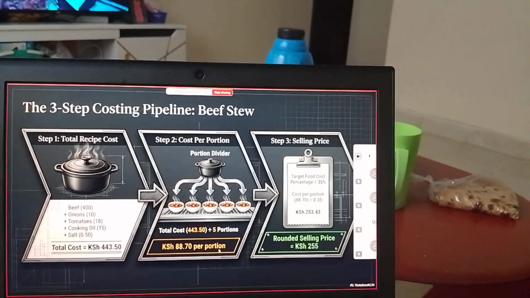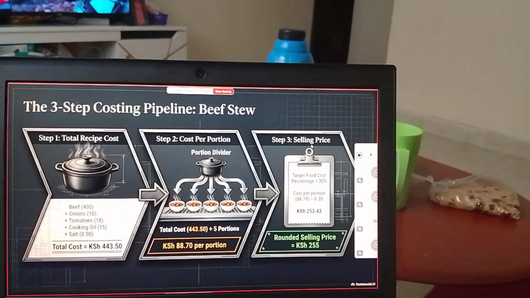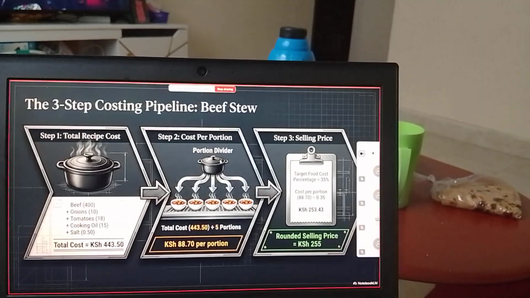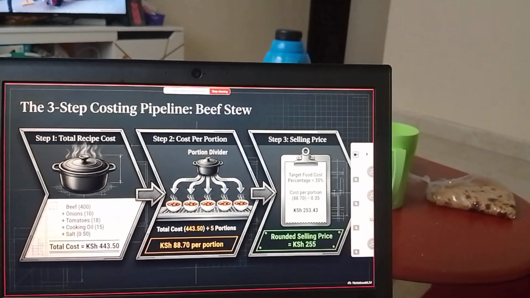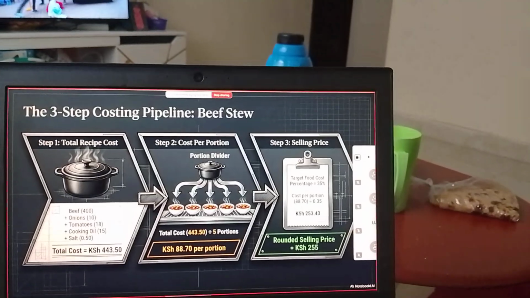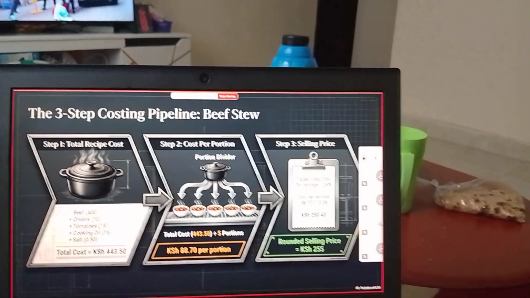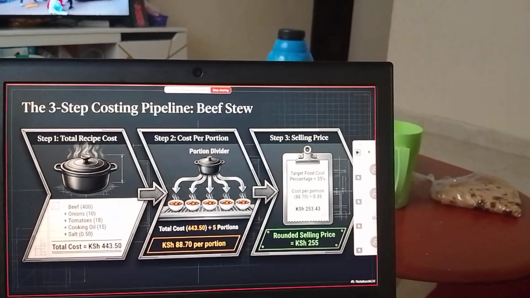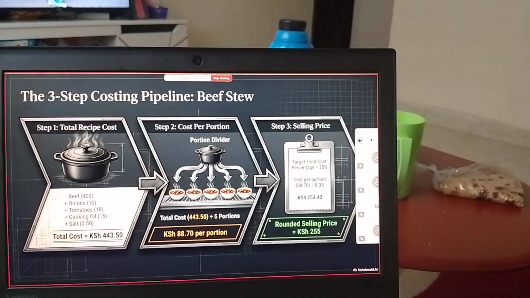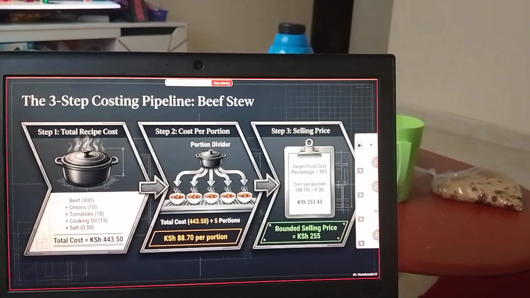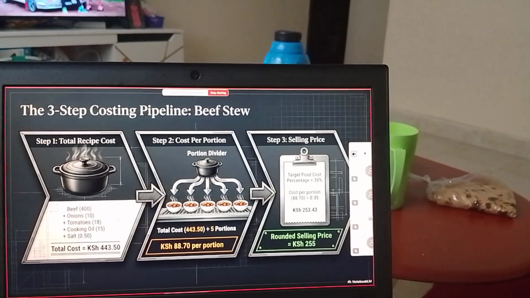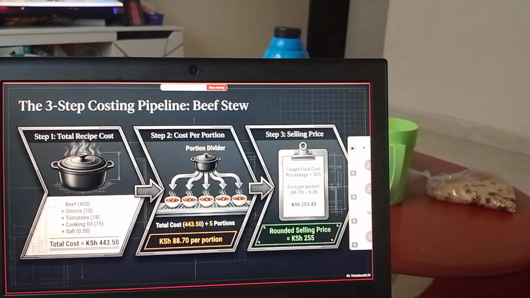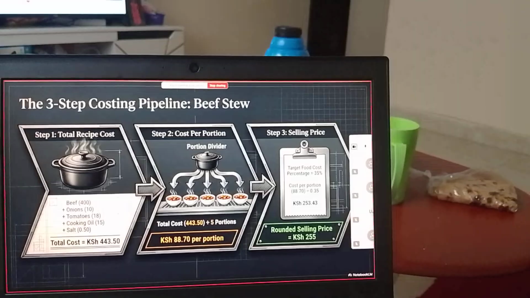So how do you calculate the selling price after you have known how much you've spent on each portion? Number one, you need to know your desired profit. Here we are using the food cost, because we are using the cost plus method. So the food cost is 35%.